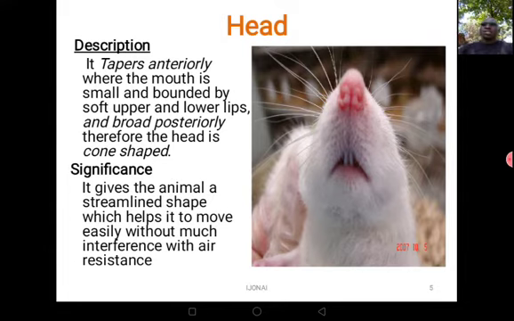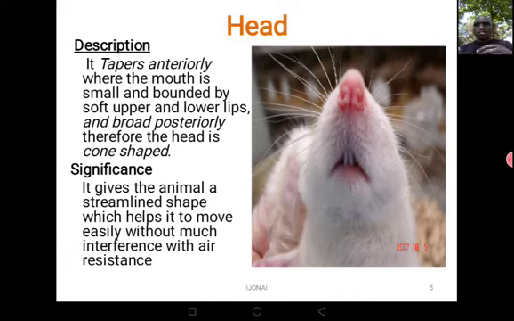So it maintains a streamlined shape, just like you see small cars. They are pointed in front, then behind is a little bit bigger. That enables it to penetrate through and minimize air resistance as it moves. So that is the advantage of that shape.